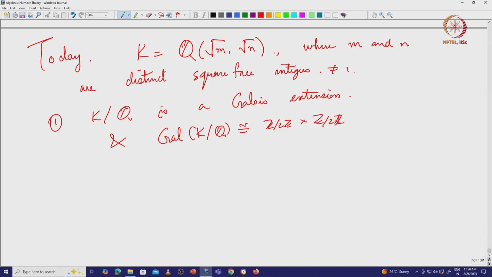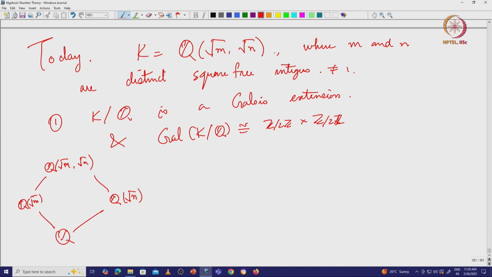In fact, I like to always draw a diagram of this. So, Q(square root of m, square root of n), and then there should be 3 quadratic extensions inside this, and 2 are obvious ones.